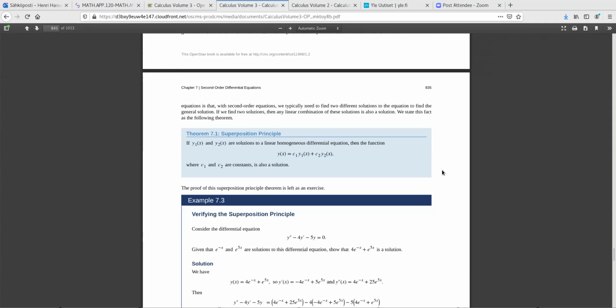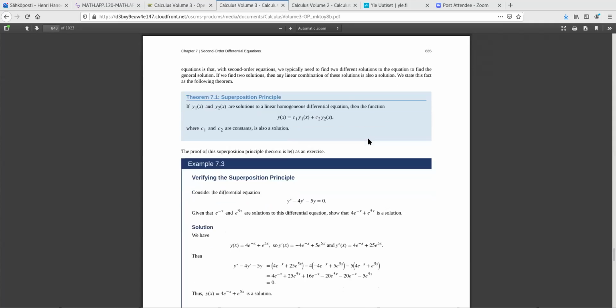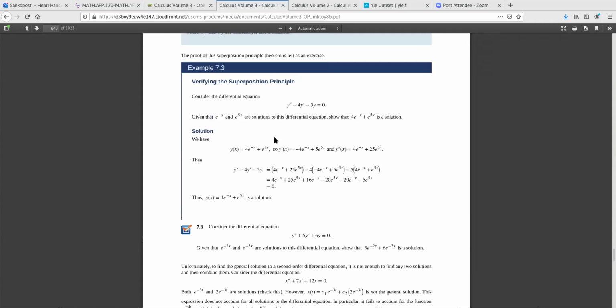So here, one situation is that we have e to the minus x and e to the 5x as solutions to this differential equation. We can show that 4 times e to the minus x plus e to the 5x is also a solution. And well, fairly easily observed, but you can also observe that these two are separately solutions, and you know immediately that their linear combination is also a solution.